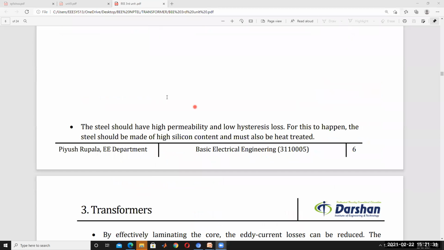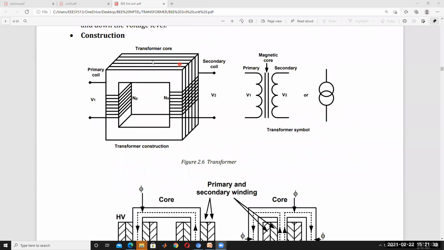The transformer core is not made of one single solid material. It's a combination of different sheets connected together and separated by some insulation. These plates are separated by insulation to reduce the eddy current losses.